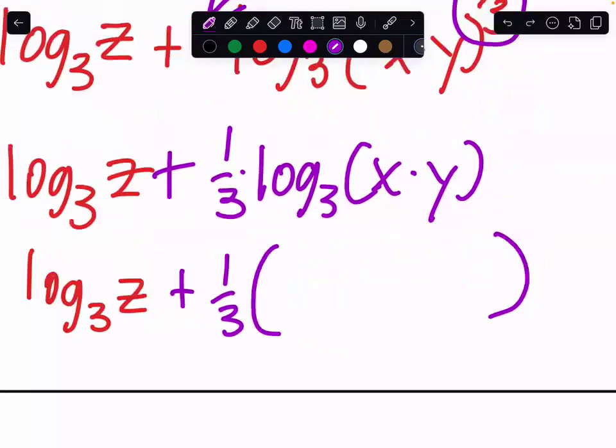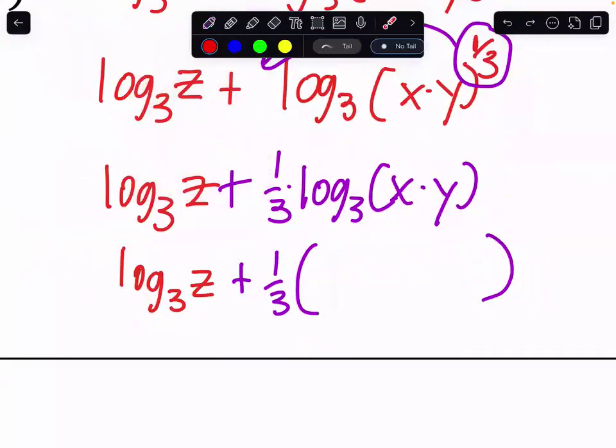Okay, and inside the parentheses, I'll split up this logarithm. Okay, so when two arguments are multiplying, you can split it up into addition.